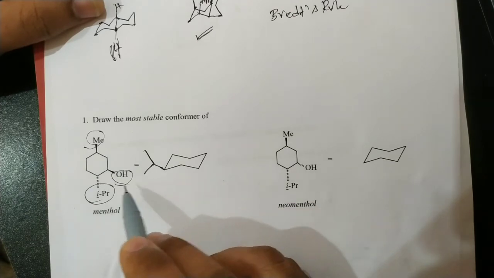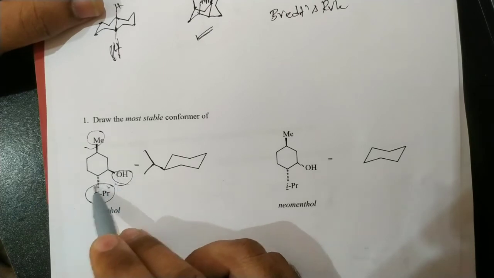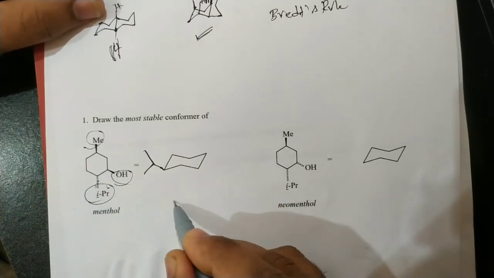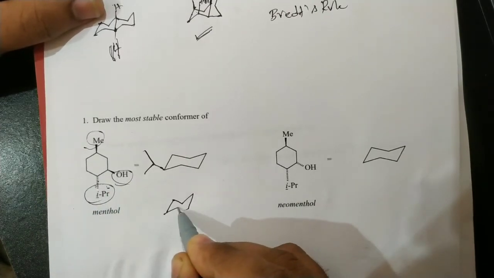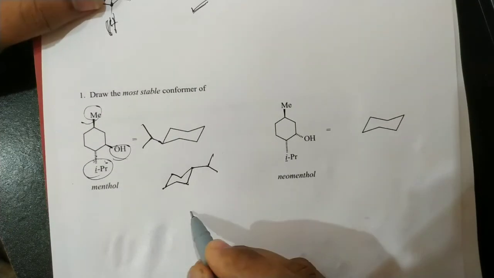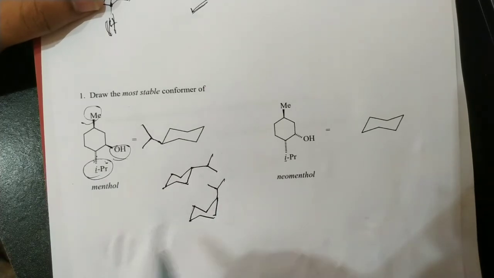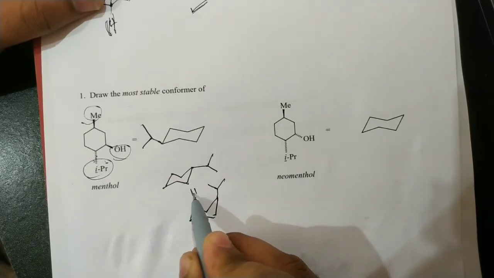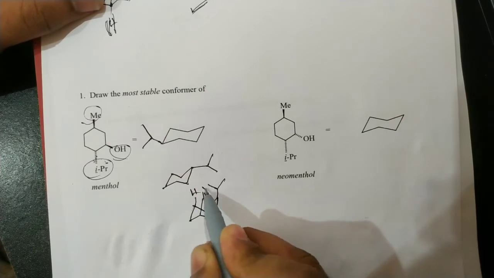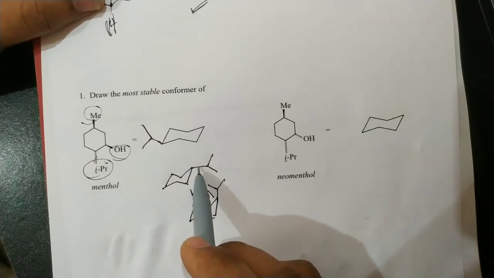I am writing it like this: the isopropyl group in the equatorial position, and in the axial position there are 1,3-diaxial repulsions. That's why this isopropyl group must be written in the equatorial position.